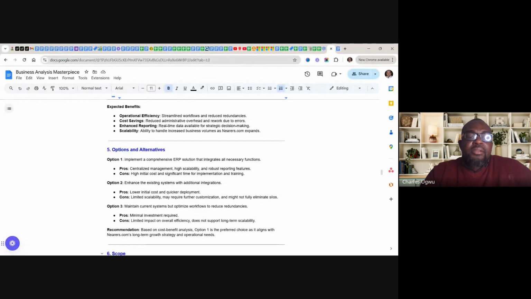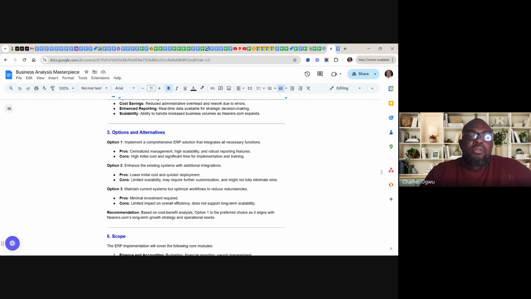And then maintain the current system, but optimize workflow to reduce redundancy. Minimal investment required, that is the pro, but limited impact on overall efficiency. So this is not going to support the long-term objectives. So these are various options.